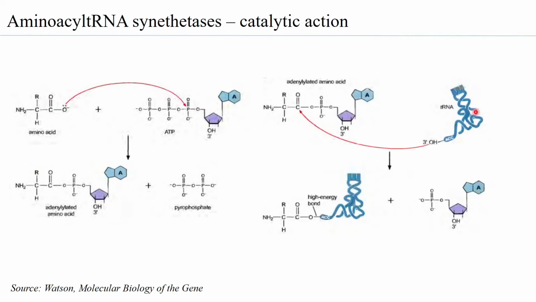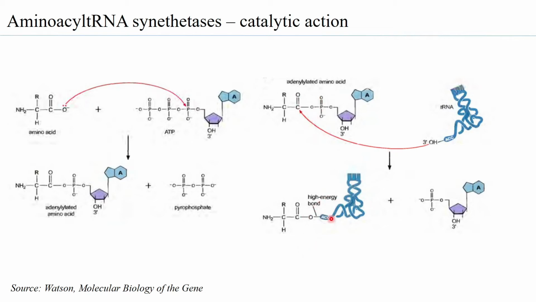Post this, the incoming tRNA, which at its 3' end has the OH group that can act as a nucleophile, will again target the carboxyl group of the amino acid in such a way that this OH forms an ester bond with the carboxyl group, thereby getting an acyl bond, while the AMP is released. So you will see that the AMP is released, but you can very clearly observe that there is a storing of energy in the newly formed acyl bond.